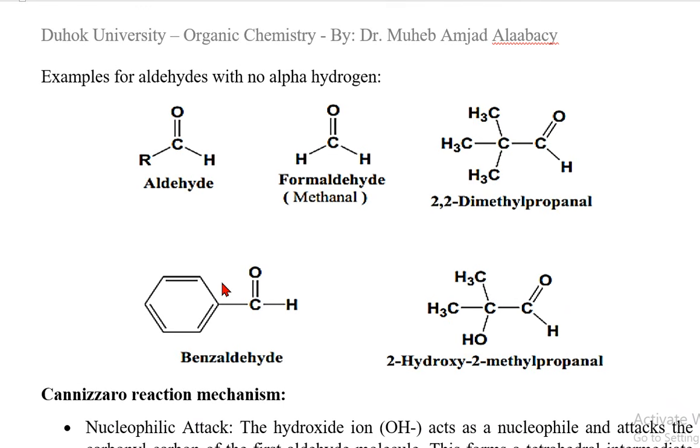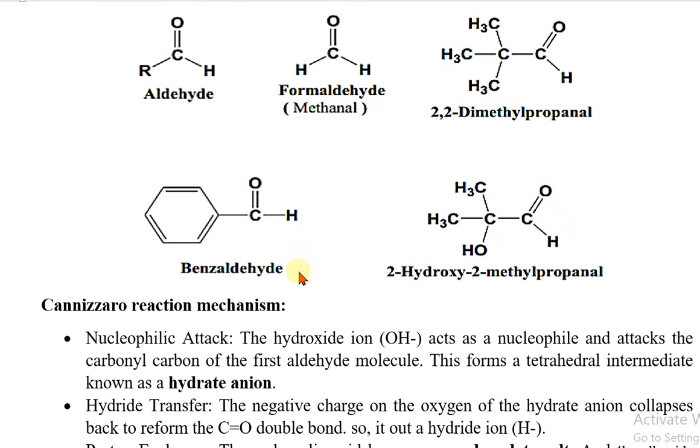Examples of aldehydes without alpha hydrogen: formaldehyde, 2,2-dimethylpropanal, benzaldehyde, 2-hydroxy-2-methylpropanal. All of these are aldehydes with no alpha proton.